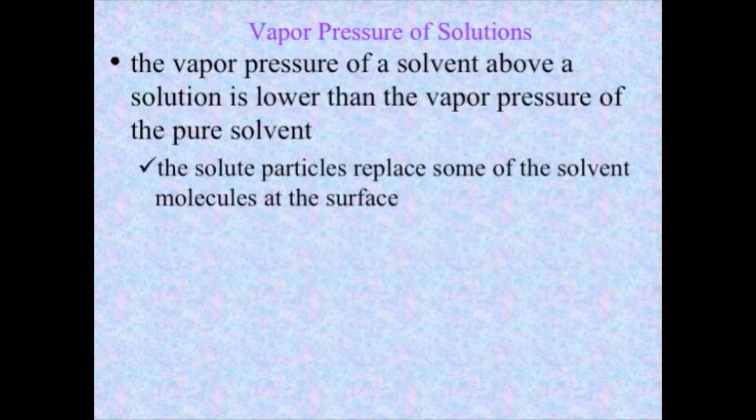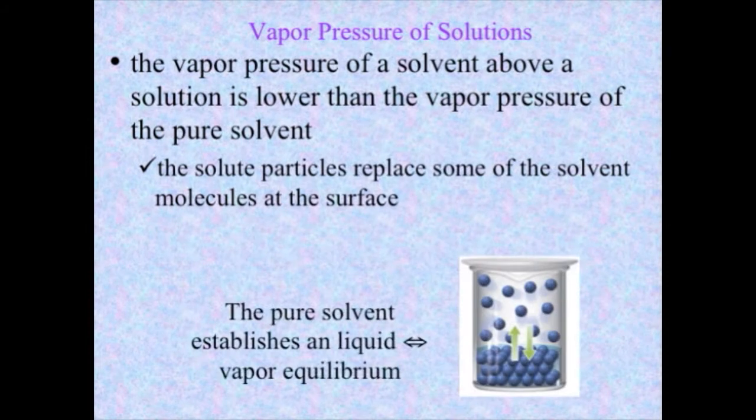So let's talk about the vapor pressure of solutions. The vapor pressure of a solvent above a solution is lower than the vapor pressure of the pure solvent. The solute particles replace some of the solvent molecules at the surface. So imagine we have a pure solvent in equilibrium with its vapor in a closed container.